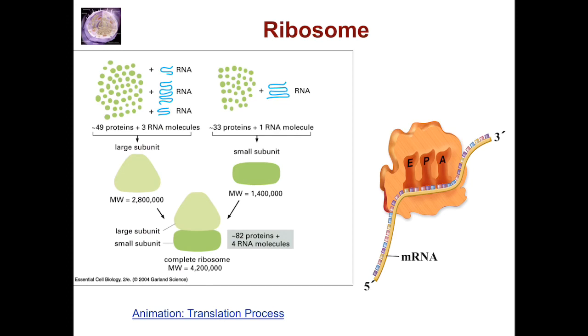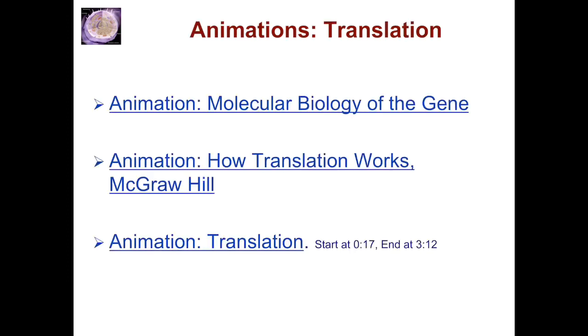So think A for incoming amino acid. Then the P site is to bind the tRNA that is carrying the peptide. And the E site is to bind the tRNA that is empty and ready to exit. Okay, so that's the ribosome.